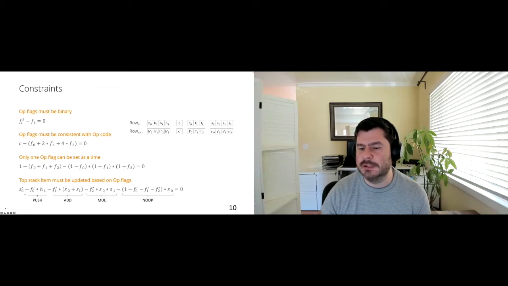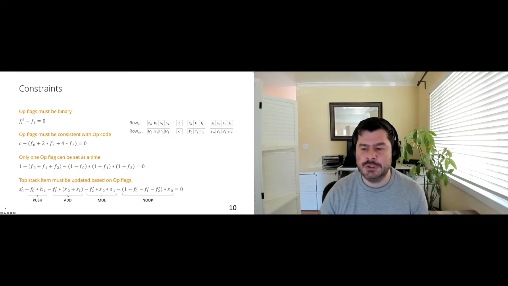So, for example, S0 prime minus, if we are executing a push operation, it would be F0 prime times H1. H1 was the immediate value that we've put in there. This would evaluate to 0 if the transition was correct and we are doing a push.